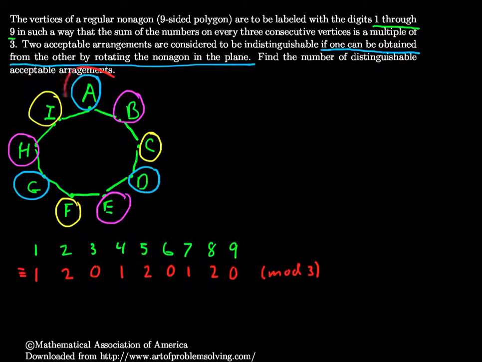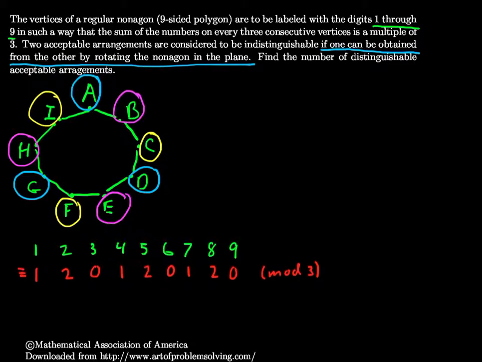If I look at these 3 consecutive numbers, they must be a multiple of 3. But if I look at these 3 consecutive numbers, they must also be a multiple of 3. And so when I lose A but gain D, I need A and D to be in some ways the same so that I still have a multiple of 3. And I get that by having it be the same number mod 3.